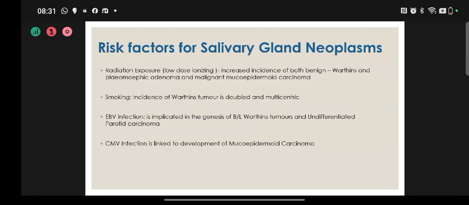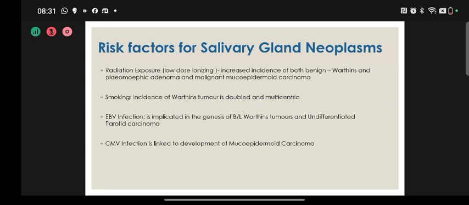So there are certain risk factors which are associated with salivary gland neoplasms. One is radiation exposure. Low dose ionizing radiation can increase the incidence of both benign as well as malignant tumors, such as Warthin's tumor, pleomorphic adenoma and mucoepidermoid carcinoma. Then smoking.